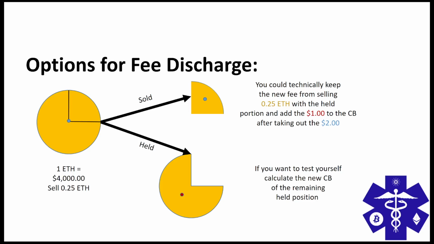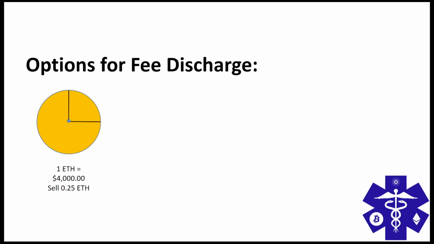Basically, the cost basis for the remaining held position is $1,501, and the capital gain that you have now is $498 instead of $497. So you're going to be taxed on $1 extra compared to the first scenario. Now, what's the other option that you have?